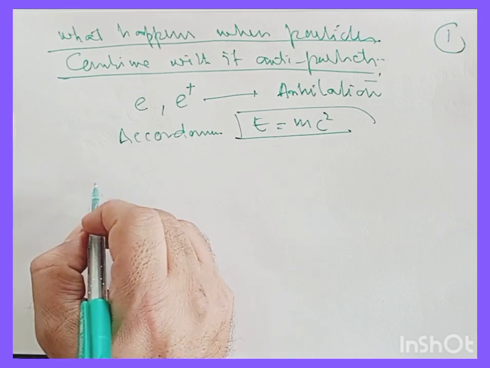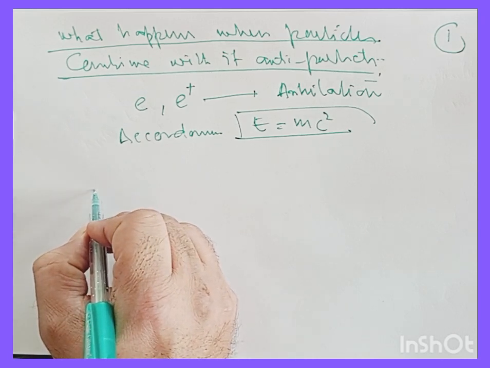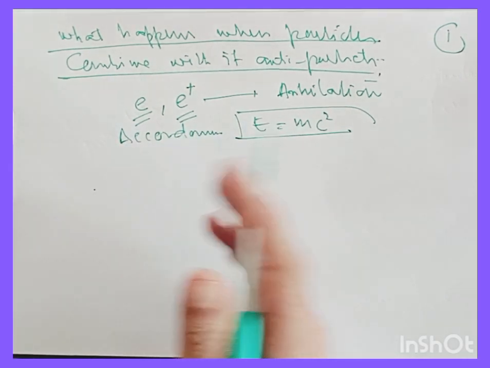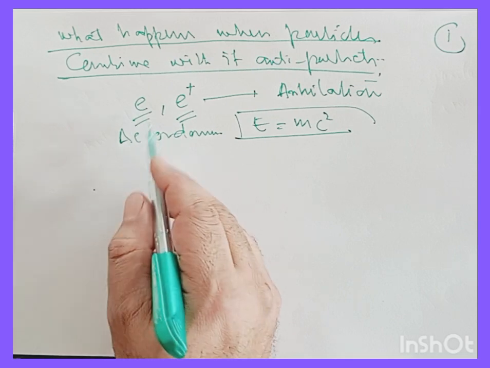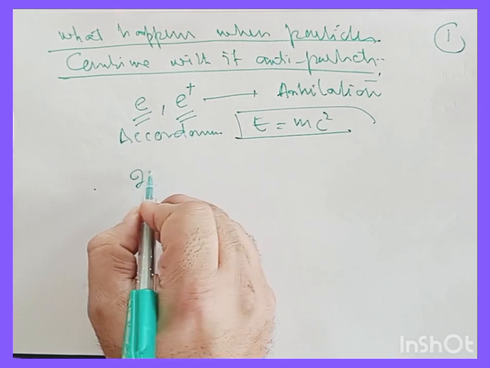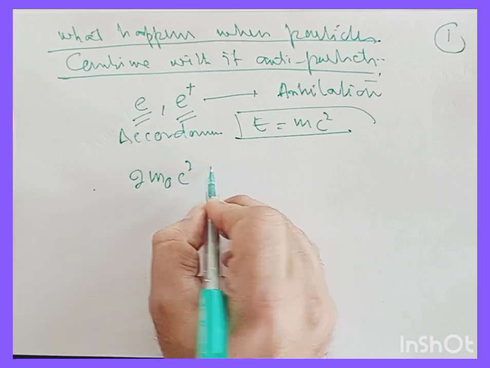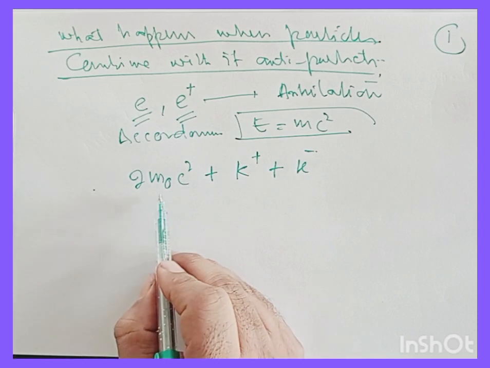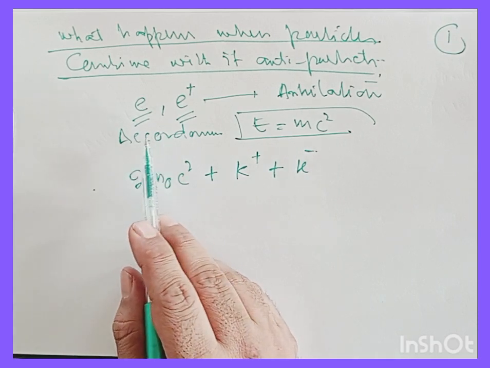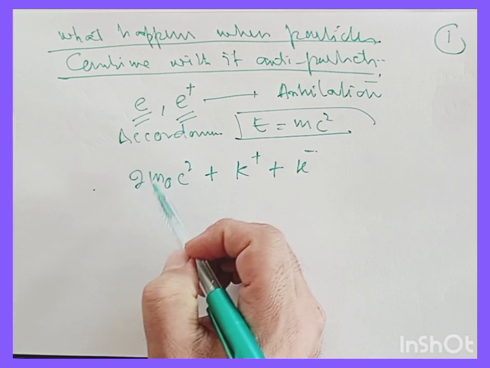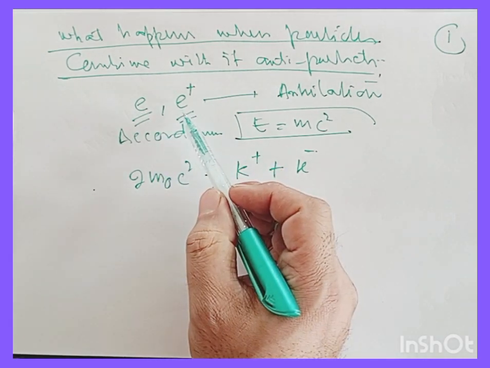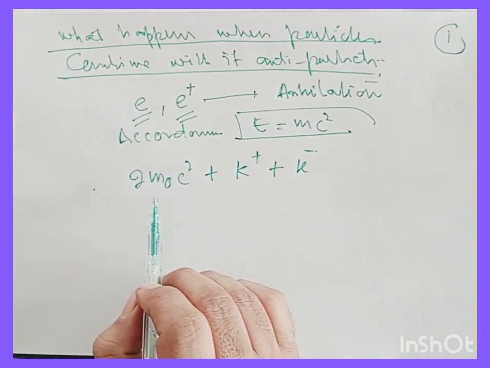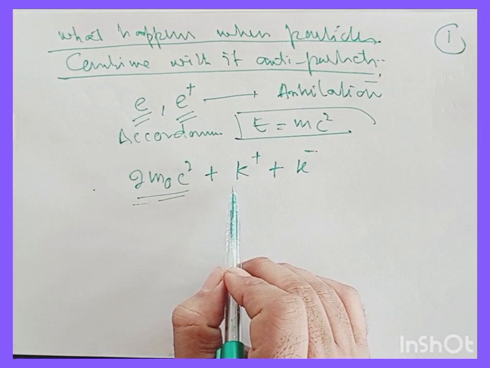Say we have a particle and its antiparticle. When they combine, they come up with 2 times m naught c square plus k positive plus k negative. Now this m naught refers to the rest mass of these two particles: m naught is the rest mass of the electron, and m naught is the rest mass of the positron.